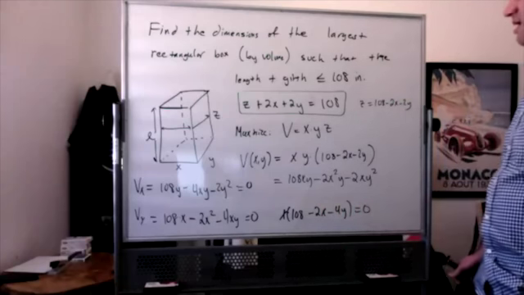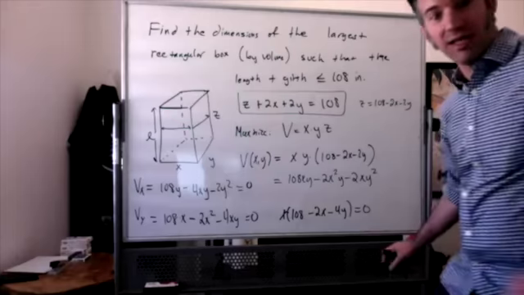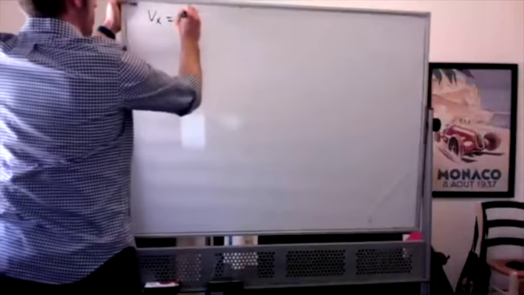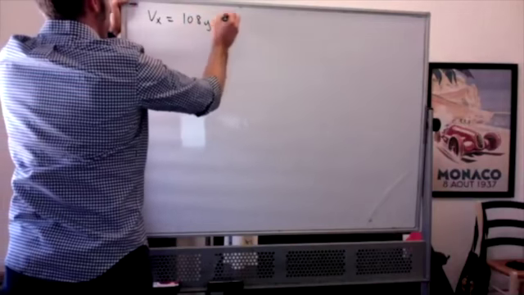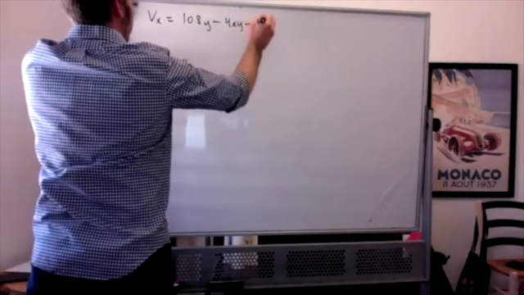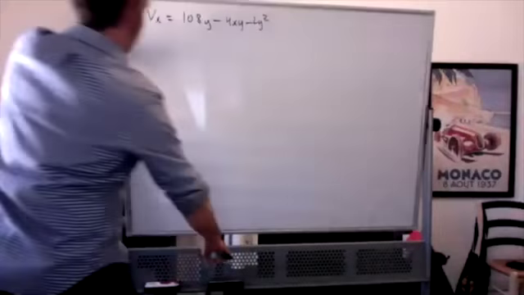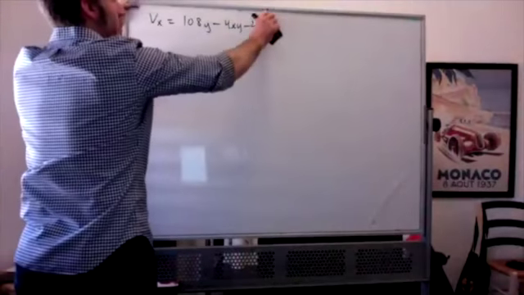We'll go to the other side of the board. My partial with respect to x was 108y minus 4xy minus 2y squared, and then let's factor out the y from that.